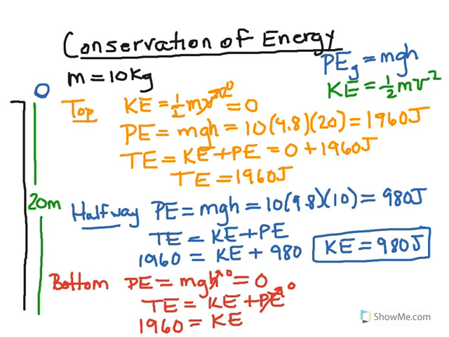Now, if we took it a step further, and if I asked you to find the velocity, well, kinetic energy is going to equal 1/2 mv squared. My kinetic energy, we said, was 1,960, which equals 1/2 times 10 times velocity squared.